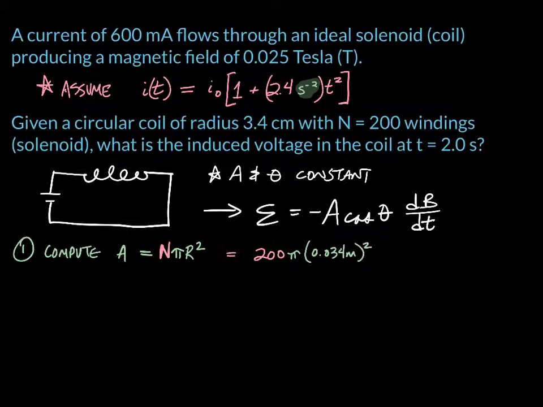Got to be in meters, can't do centimeters. Remember, everything's got to be in meters, seconds, etc. And so we're going to get 0.73 square meters for the loop area.